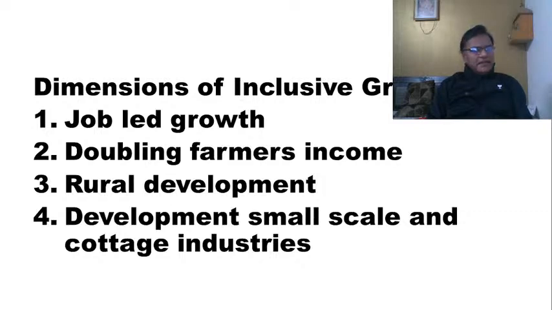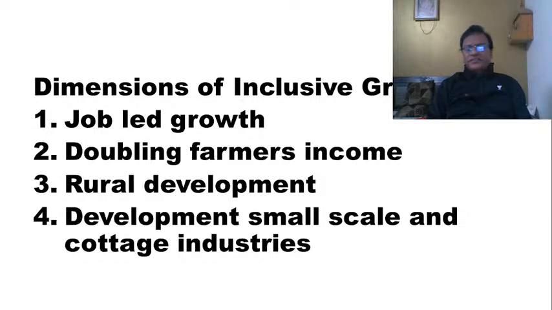If you look at it between the 1950s and 1990s, two things we can see there. One is that the growth rate itself was very low. Second, whatever economic growth had taken place was only benefiting very few sections of society. It really did not benefit the poorer and weaker sections of society.